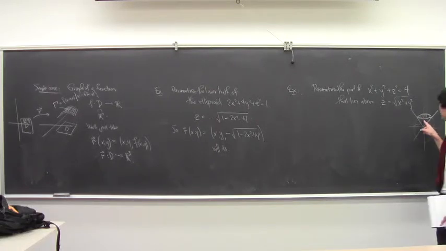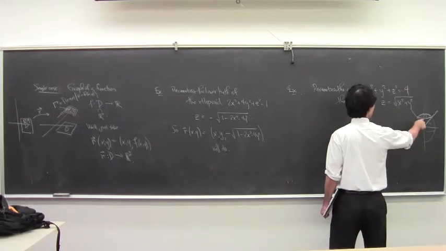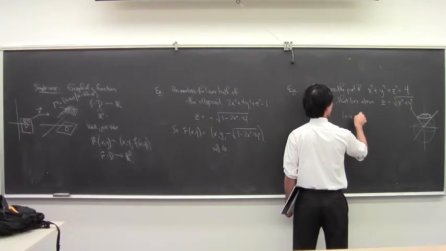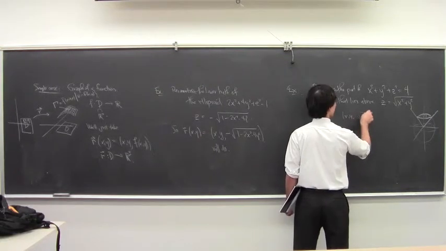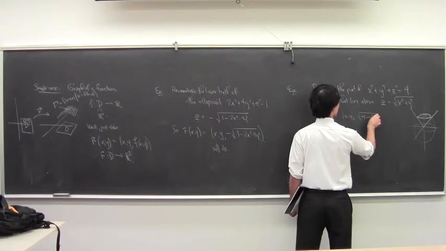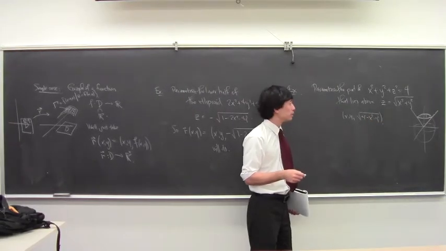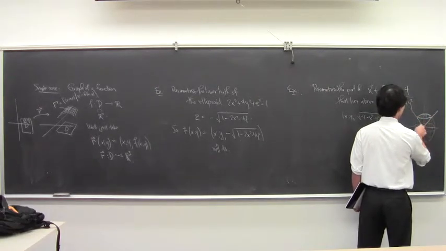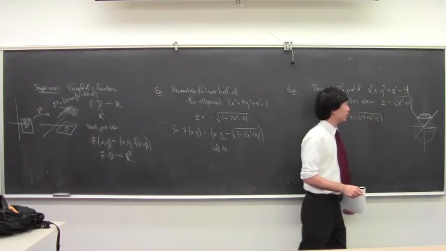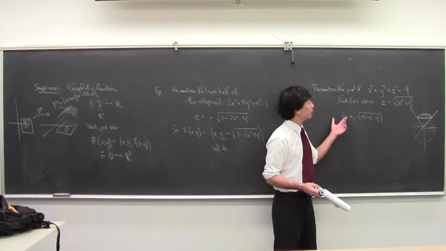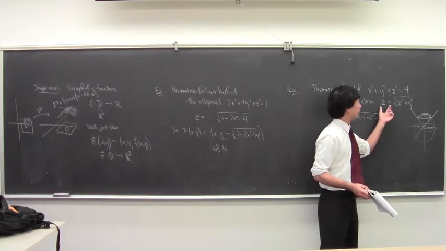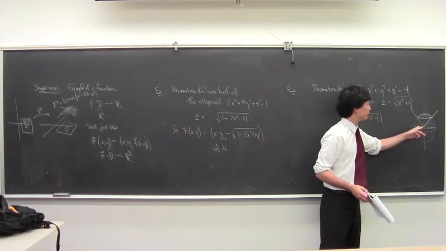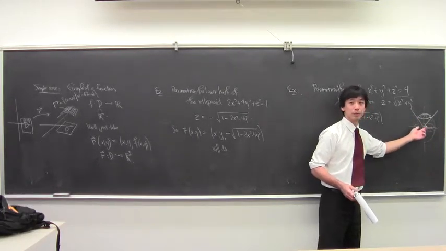Rather, this thing is going to be x, y, z, where z is the square root of 4 minus x squared minus y squared. The only thing you have to worry about is what the domain is. What's the domain going to be? The disk of radius 2 down here.